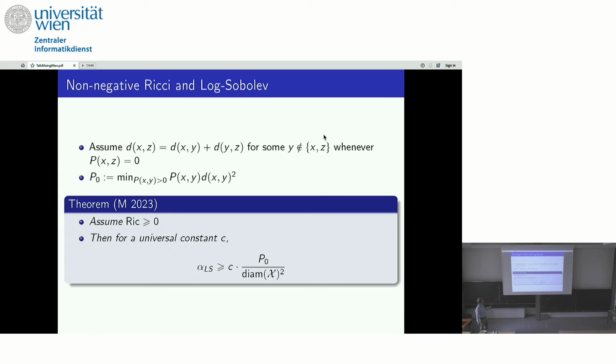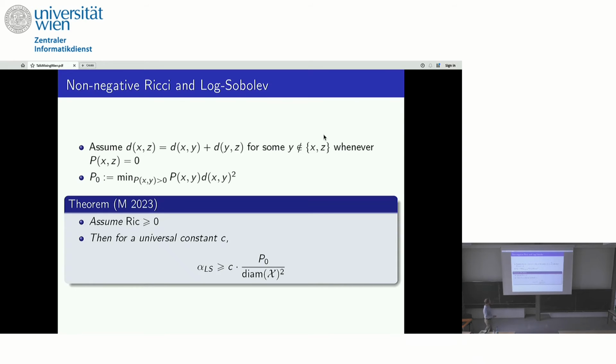The P0, you can think of as the minimum jump rate, but weighted with a square distance. So we don't allow 0 jump rates, but all the positive jump rates. The assumption we need for this theorem is that we have some kind of path distance being compatible with the Markov chain structure. Which path distance does not matter.